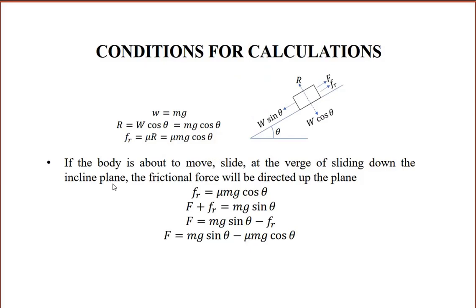The first condition. Now let's assume that the body tends to move down despite the force applied upward. If the body is about to slide, or at the verge of sliding down the plane, the frictional force will be up the plane.